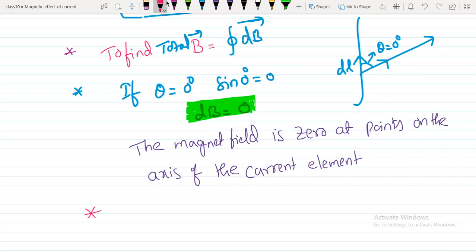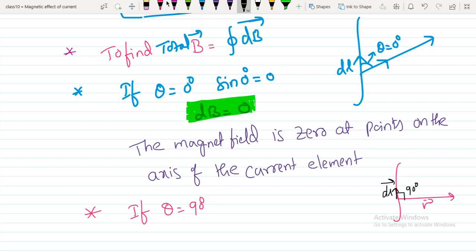Now if the magnetic field is 0 there, when will it be maximum? If theta equals 90 degrees, it means the elemental length dl and the position vector r are exactly perpendicular. Suppose I take an elemental length dl, and this is the position vector making an angle of 90 degrees.